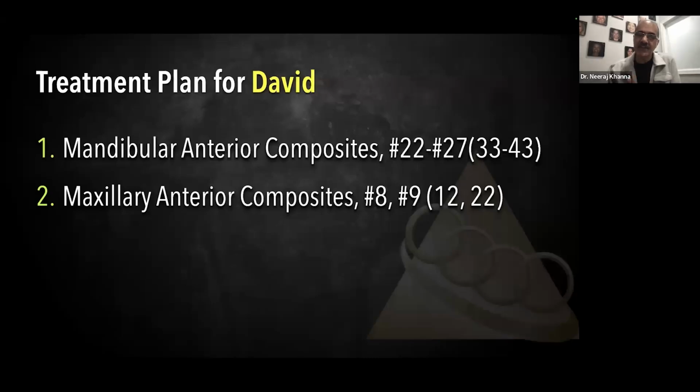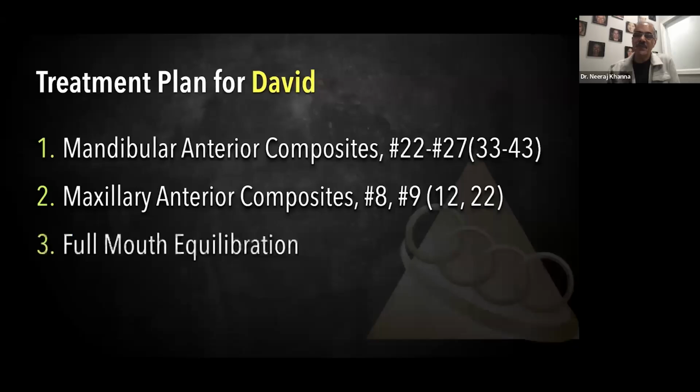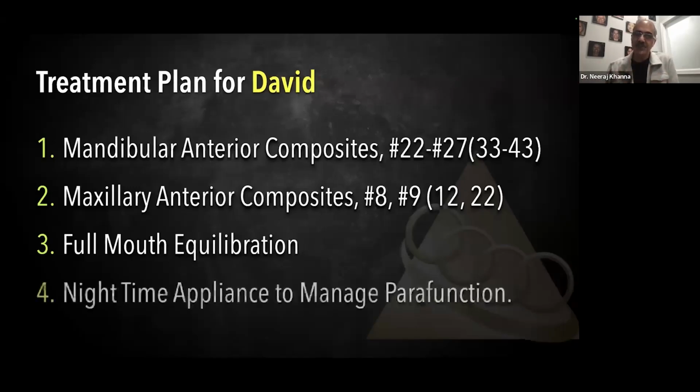He has enough canine guidance already, whereas I don't have to do anterior composites on the canines as well. We're going to do full mouth equilibration because we did a full mouth equilibration on the models. When you start equilibrating your models, that becomes part of your treatment plan. Whatever you do on the models must be transferred into the mouth. And so equilibration becomes even more important.